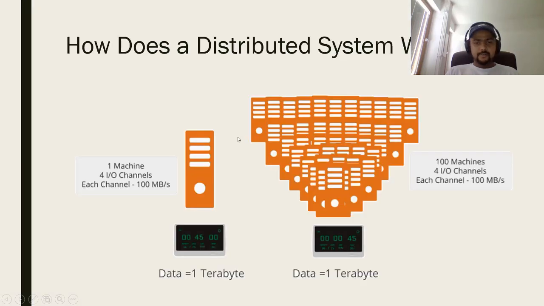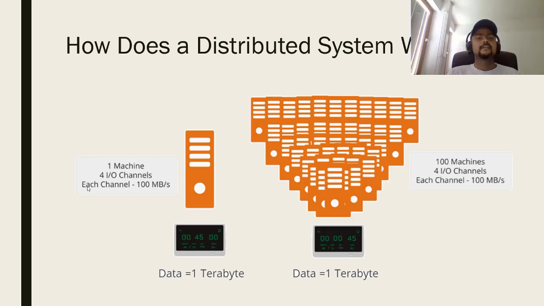I just explained how a distributed system works, but let's rewind this whole concept again. So for example, if you have a single machine and each machine has some input output channels, right? The channels through which it either reads the data or writes the data. So let's say this machine has 4 IO channels, and each channel can take 100 MB per second of data.